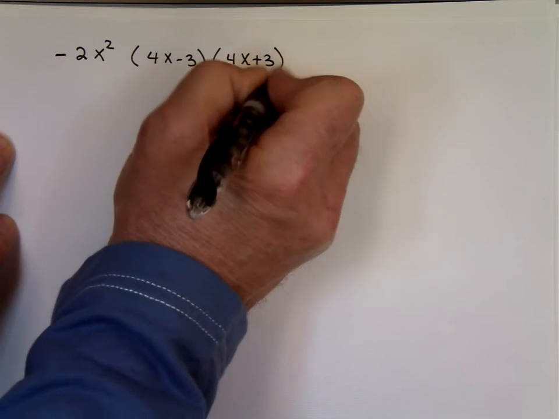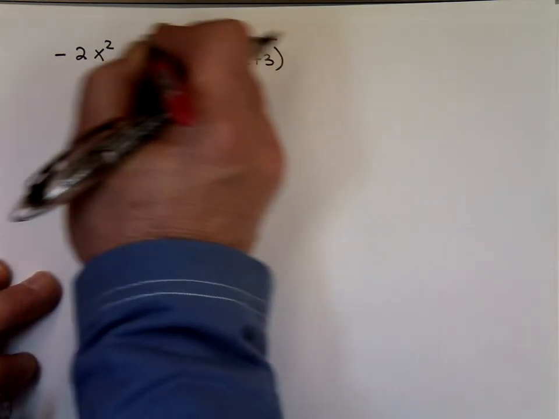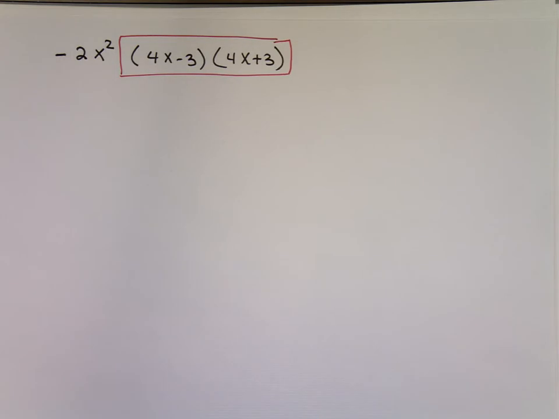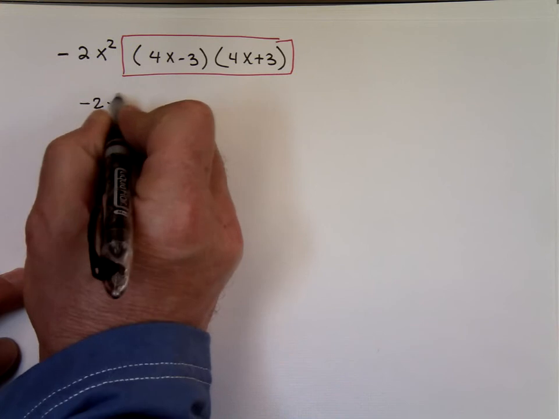What's the answer to that? When you're multiplying three things, it does not matter which two you multiply first. So why not multiply these two first? Because we know how to find the answer to that.